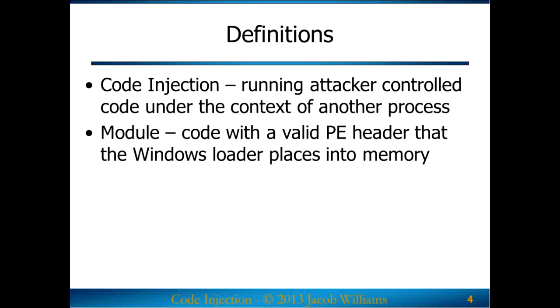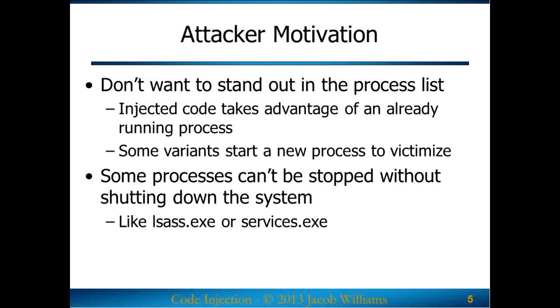The Windows loader will happily load any code that you ask it to using the LoadLibrary API, as long as it has a valid PE header. A lot of people think of modules as .dll or potentially .exe or .sys, and it turns out the Windows loader just doesn't care. You can name it .xls, and call the Windows loader, and it will just load it right up. It's all kinds of happy to do that for you.